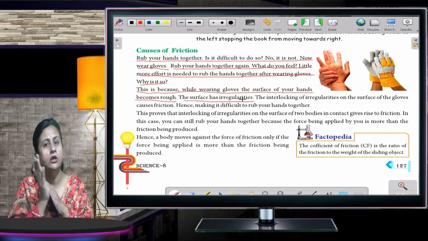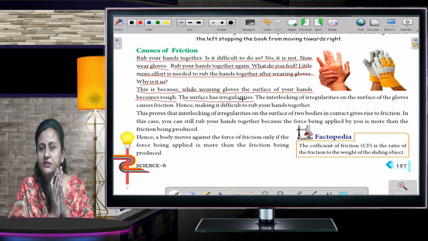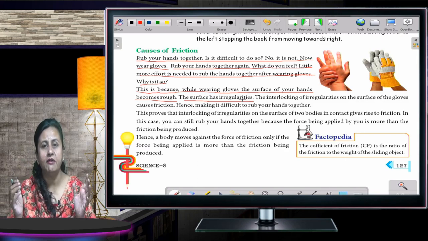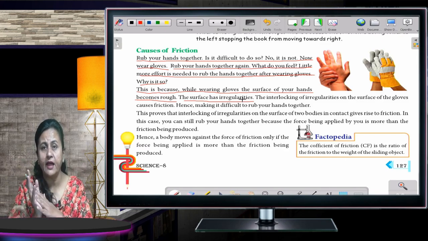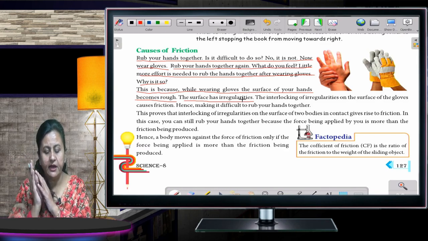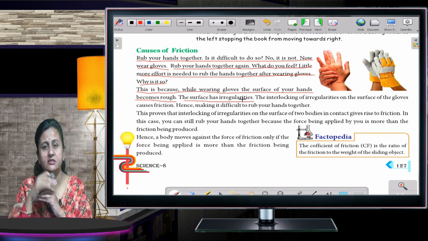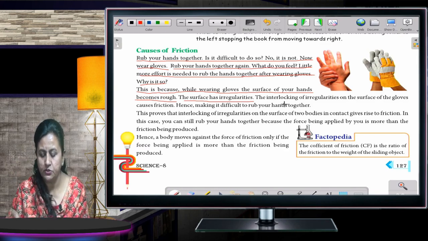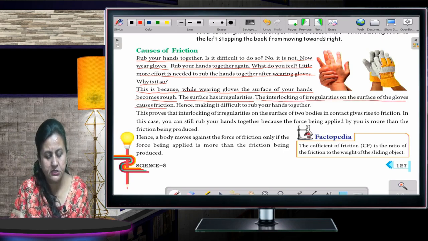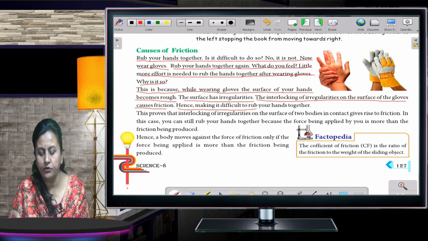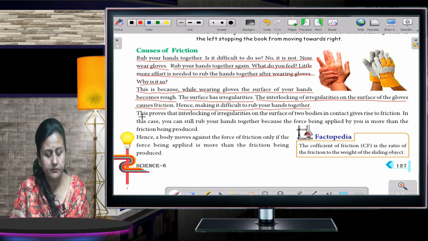So the rubbing was very easy, but once you have worn your gloves and now you are trying to rub, what is happening? The gloves have irregularities, meaning the surface is not at all smooth. So the interlocking of the irregularities on the surface of the gloves causes friction, hence making it difficult to rub your hands together.